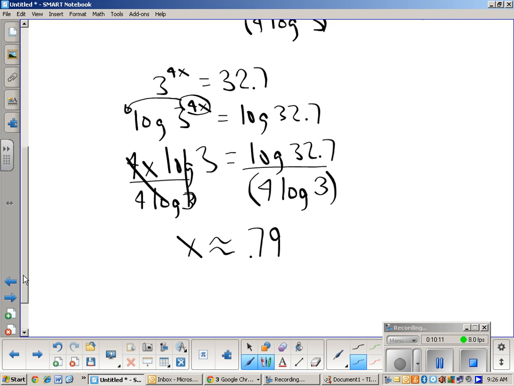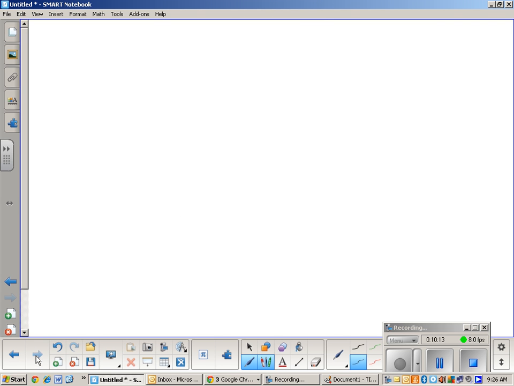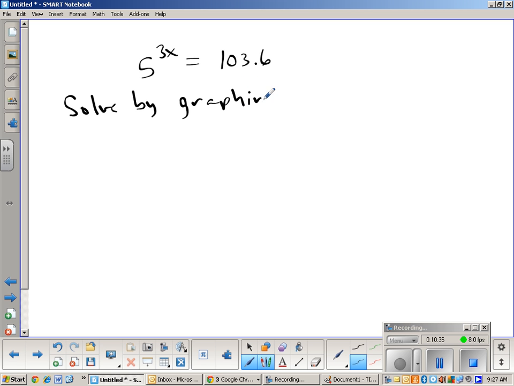All right? A problem similar to that, let's say we have 5 to the 3x equals 103.6. And I want to solve by graphing. Solve by graphing. And I have a little picture of your calculator here. Okay?